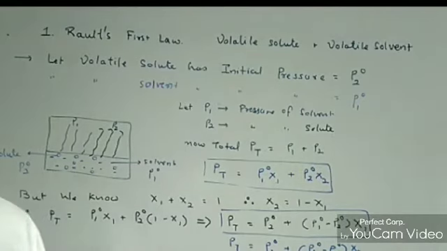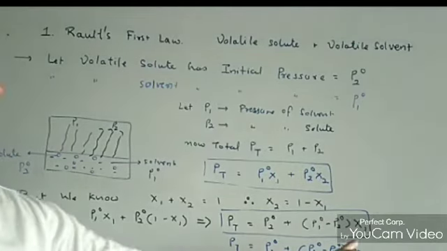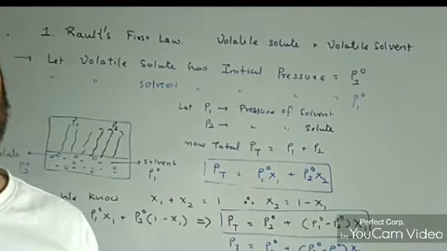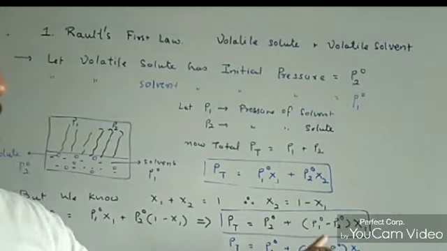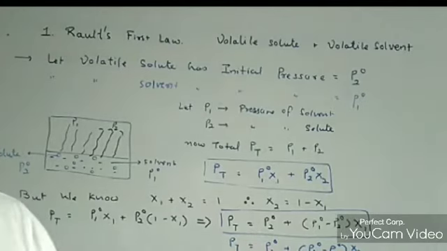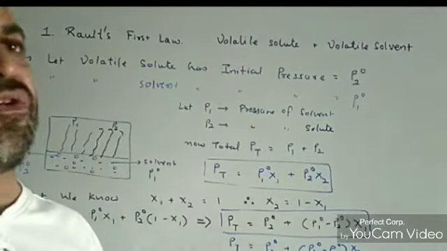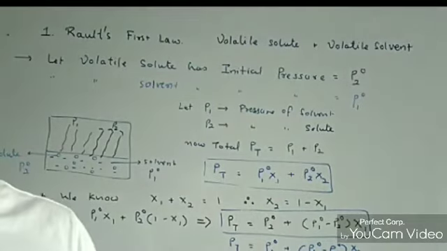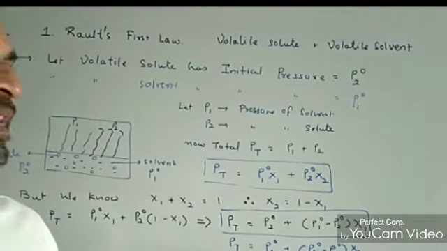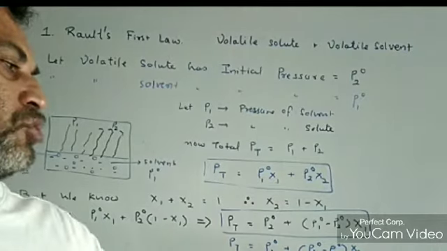This is the formula when we are given the mole fraction x1. If instead of x1 you are given x2, then x1 is equal to 1 minus x2, and Pt is equal to P10 plus P20 minus P10 x2.